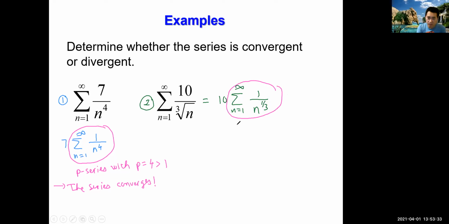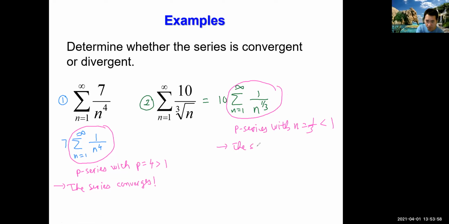Now, once again, it is a P series with p equal to 1/3, and 1/3 is smaller than 1. And since it's smaller than 1, the series converges. Oops, sorry, diverges.